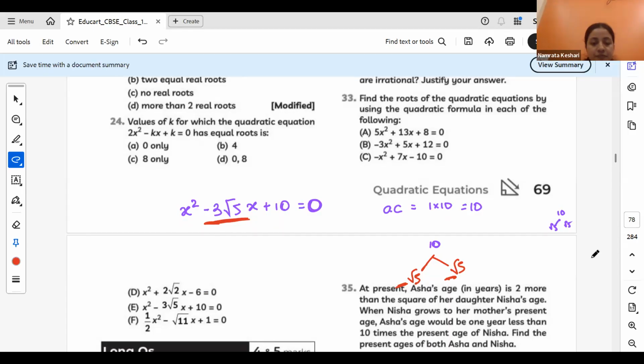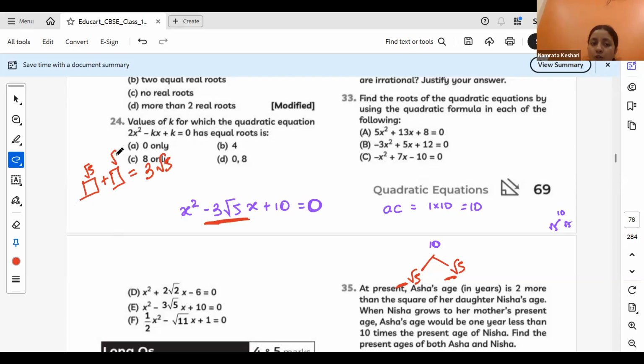Yes ma'am. Is it making sense, Abdullah, Inan, Sarah? Yes, ma'am. Okay, I am repeating that in case you want two numbers added together and your answer must be 3 root 5, then you must develop clarity that the first number will have root 5, maybe 2 root 5, maybe 3 root 5, maybe 1 root 5, whatever, but root 5 will be there.